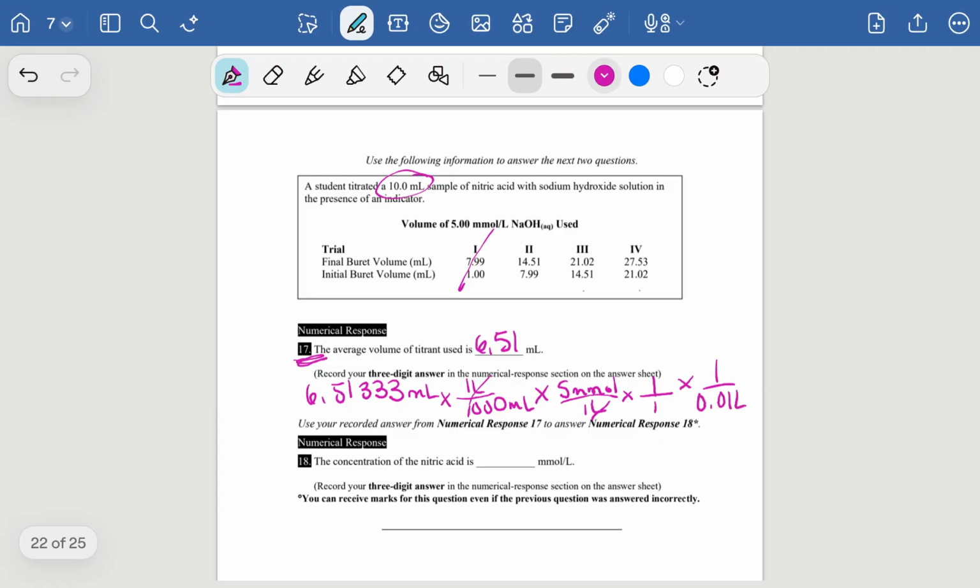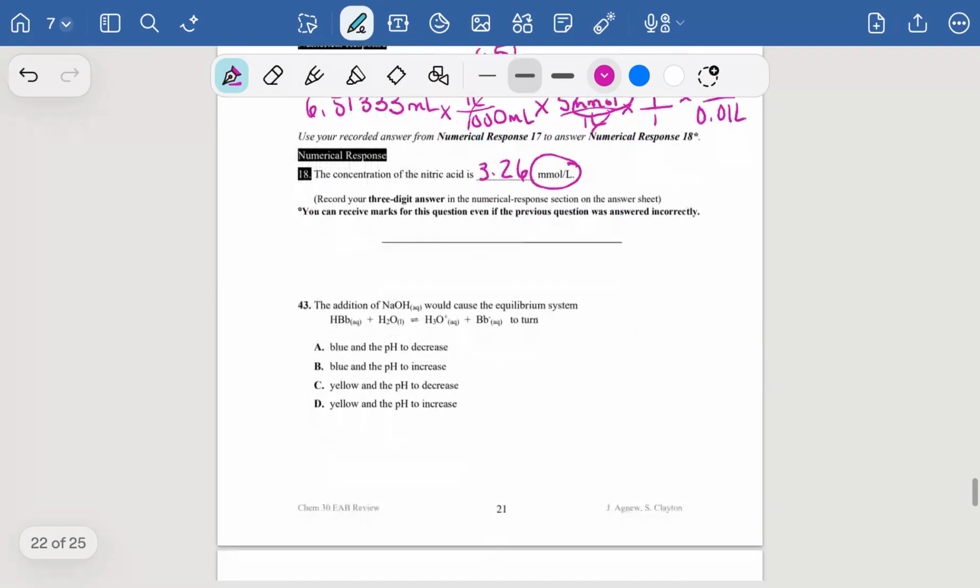Put it into your calculator, and you should see your answer is 3.26. Also noting, I did not change my millimoles to moles for this, because in my calculation I had millimoles and in my answer I had millimoles. If I did convert to moles, I'd have to convert back again to millimoles, which would just be changing your units back and forth twice, working out to the same answer.